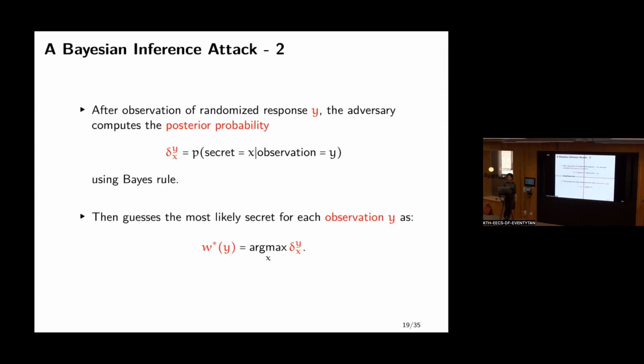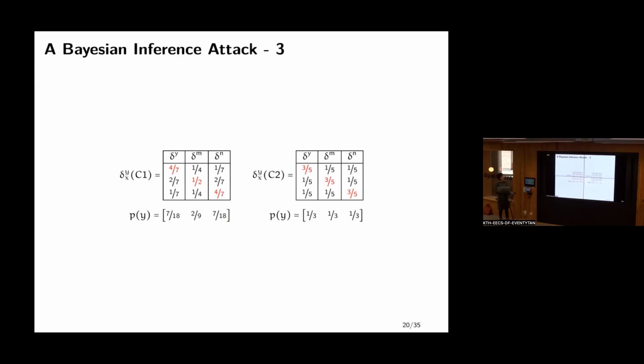So let's see some examples. This is for channel 1. For channel 1, without the details, I have computed the posterior, and these are the probabilities of each of yes, maybe, or no occurring based on equally likely input secrets. The same thing is done for channel 2.